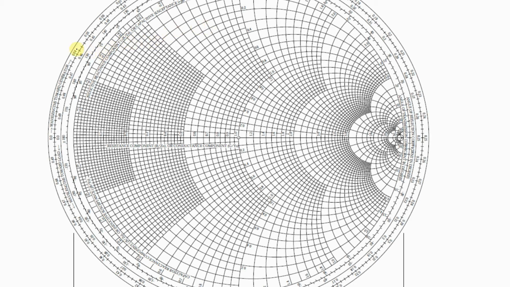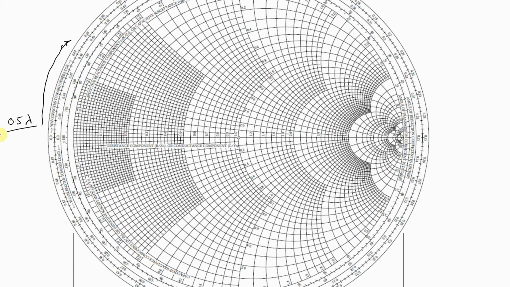Now you can see it is written wavelength towards generator. So clockwise is wavelength towards generator. The values are written here: 0, 0.01, 0.02, and so on. One complete rotation is 0.5 lambda, because here 0.48, 0.49 is written, and then 0, then again one rotation.